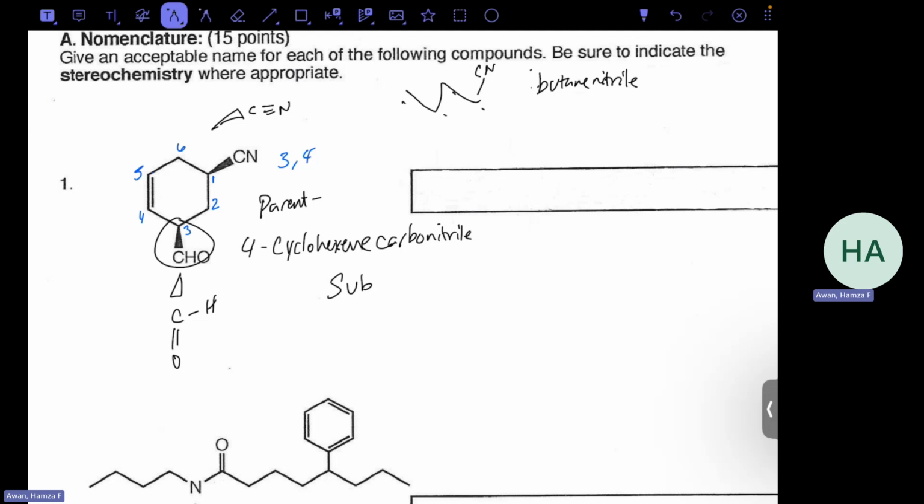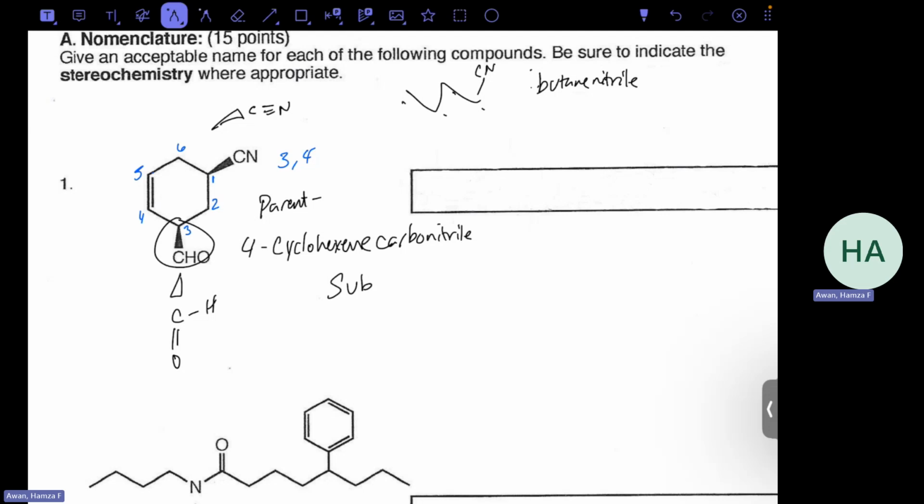For our substituents, the only substituent that we have is this aldehyde. Because it's not in the parent chain, it's not named that way. If it was in the parent chain, we would call it cyclohexenal, to show that it has an aldehyde on it.